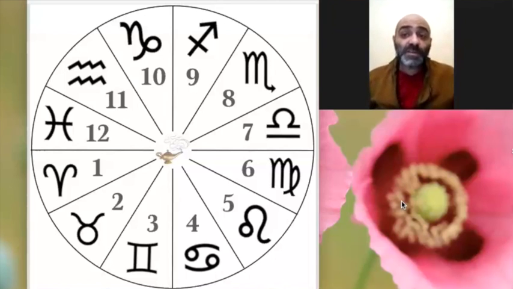The third house, okay, let's go ahead. The third house is the house of siblings, and especially younger siblings, not older siblings. It's the house of neighbors, of peers, people that are equal to us in a way, people that we share things with, essentially. The third house is the house of will and drive.